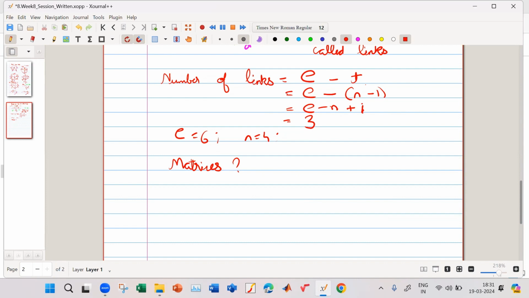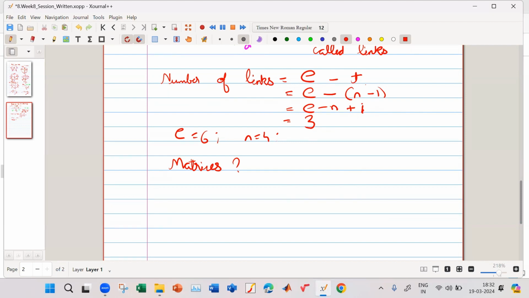And in the cut-set matrix, we are doing KCL of the cut-set. In some portion of the network, we are cutting the network into two, not at the node points.